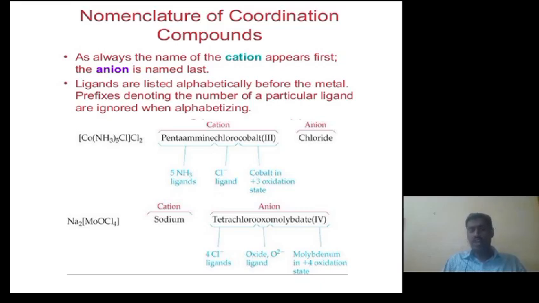Within the square brackets, the metal ions and ligands are written without space: pentaamminechlorocobalt(III), then give a space, and then write the anion. The next example, the cation is sodium. You write it first, give a space, then write tetrachloro. Another ligand is oxo. So tetrachlorooxomolybdate(IV).